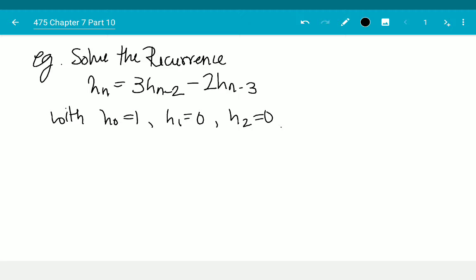And we want to do this using generating functions.